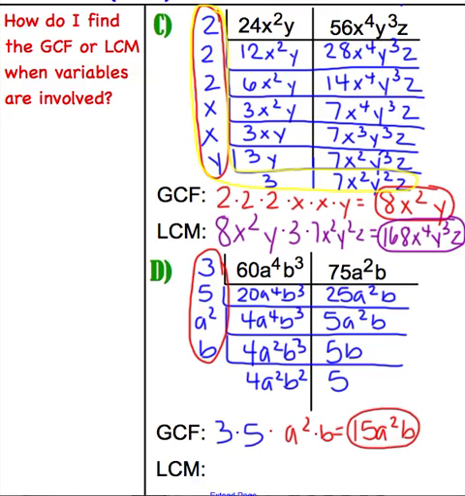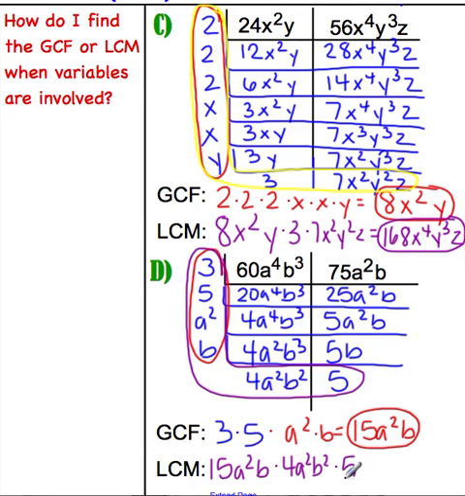And then for my LCM, I have to follow the L. So I've got my 15a squared b that I found for my GCF times 4a squared b squared times 5.